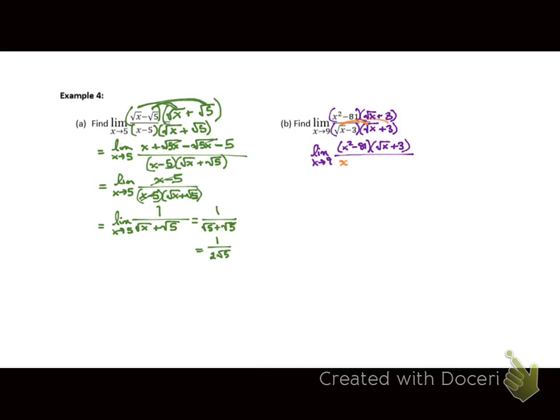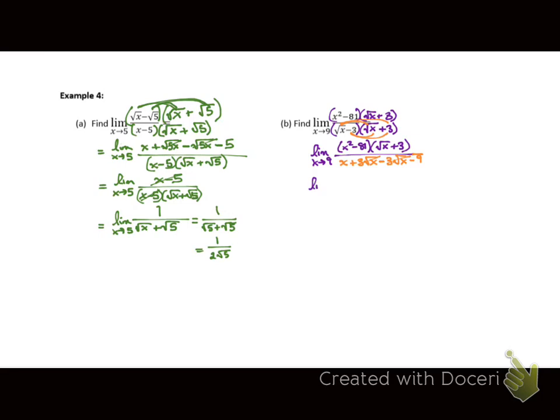The square root of x times 3 is 3 square roots of x. Negative 3 times root x is negative 3 root x. And negative 3 times positive 3 is negative 9. So those will cancel. And that's great. It's going to help us out a lot.